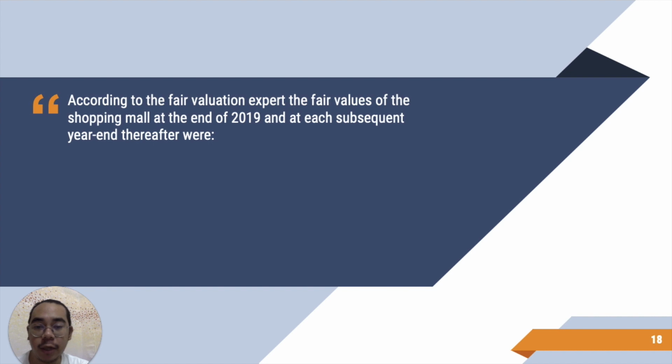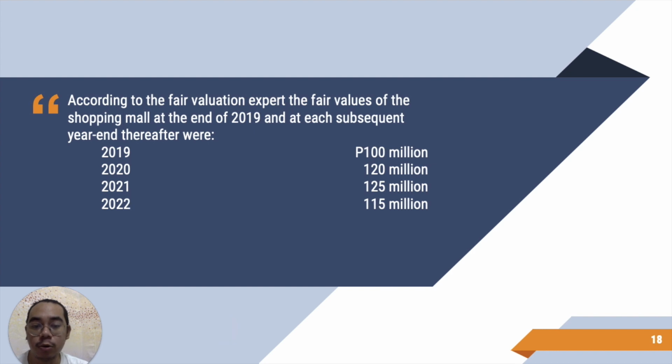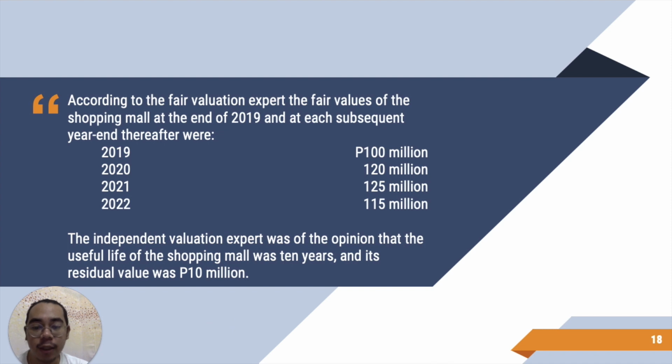According to the fair valuation expert, the fair values of the shopping mall at the end of 2019 and at each subsequent year and thereafter were 2019, 100 million, 2020, 120 million, 2021, 125 million, 2022, 115 million. The independent valuation expert was of the opinion that the useful life of the shopping mall was 10 years and its residual value was 10 million pesos.